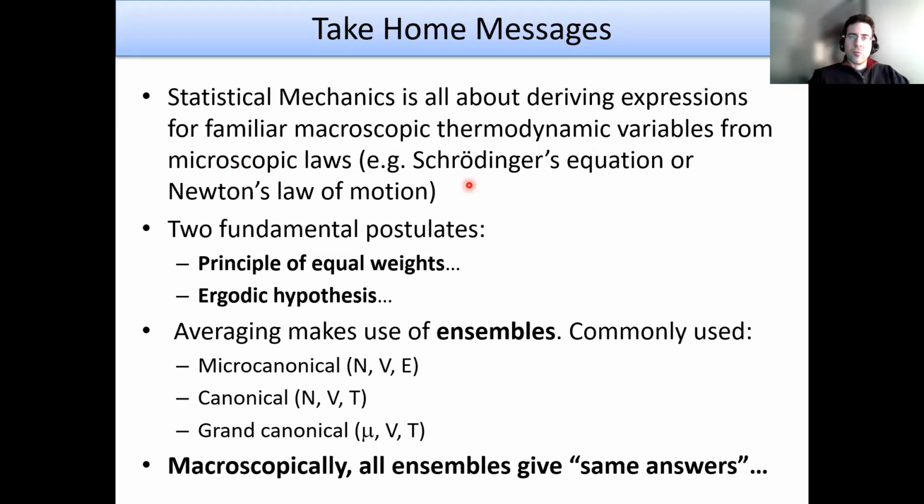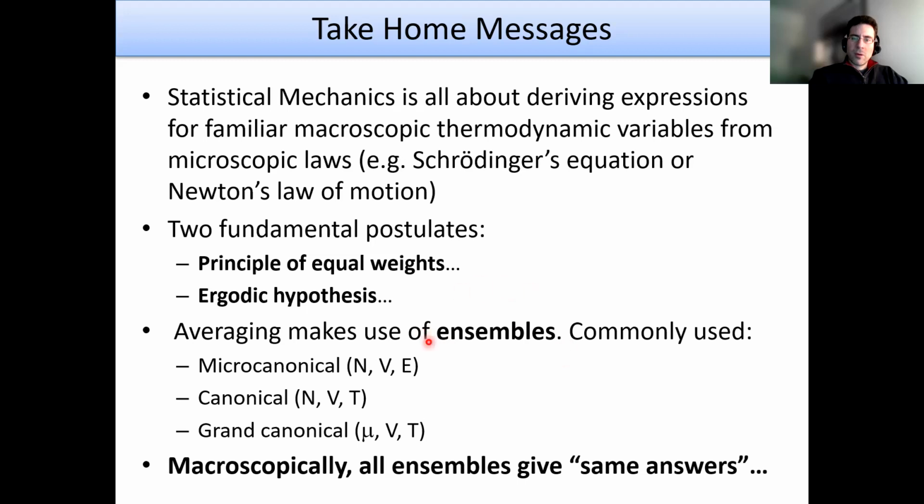Or Newton's laws of motion, and then the Hamiltonians for these systems. There are two fundamental postulates, the principle of equal weights, so states with equal energies are visited equally frequently. And then there is the ergodic hypothesis that allows us to replace averages over time with averages over ensembles.